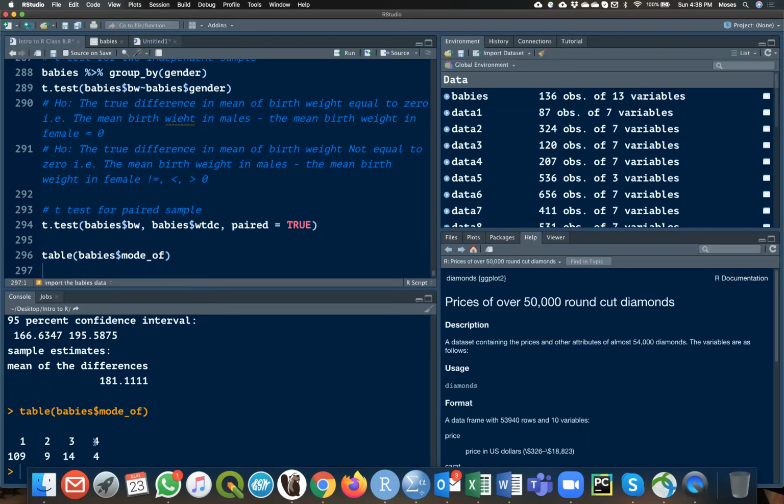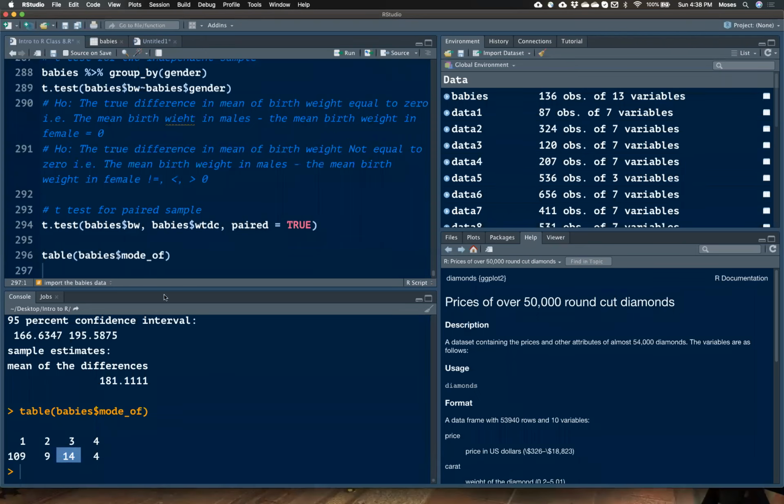They used lots of methods. So if you have these values, now you want to compare to say, okay, does birth weight differ, or does weight at discharge differ, between those that were born normally and those that were born maybe through Caesar or something? So what do you do in that context?